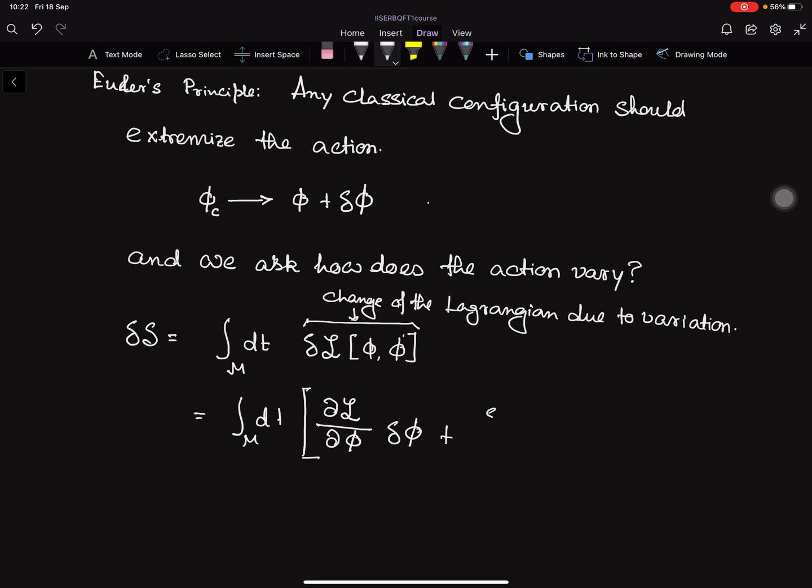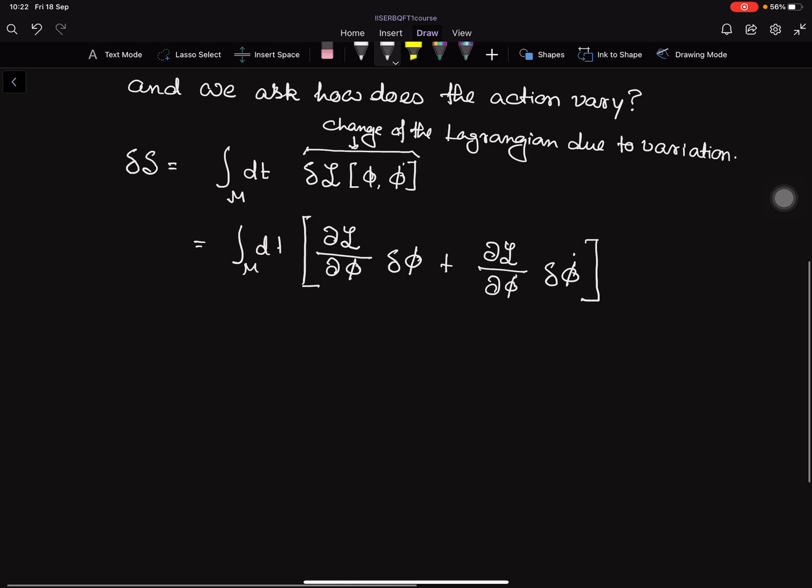Similarly we take the derivative of the Lagrangian with respect to phi dot, and then we consider the change of phi dot. Now delta phi dot is simply d/dt of delta phi.